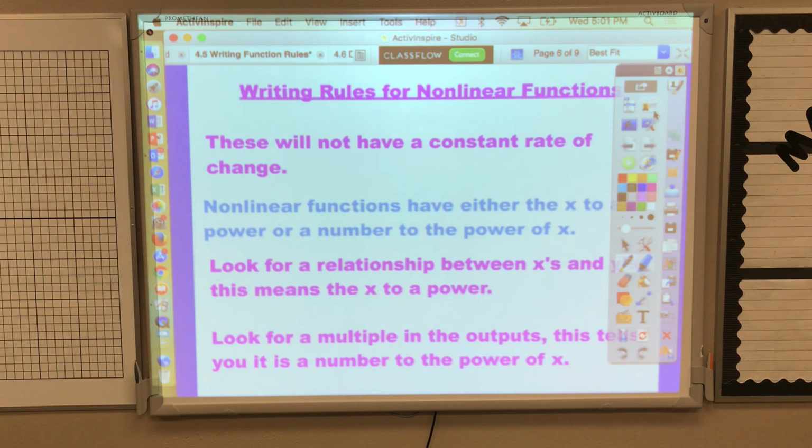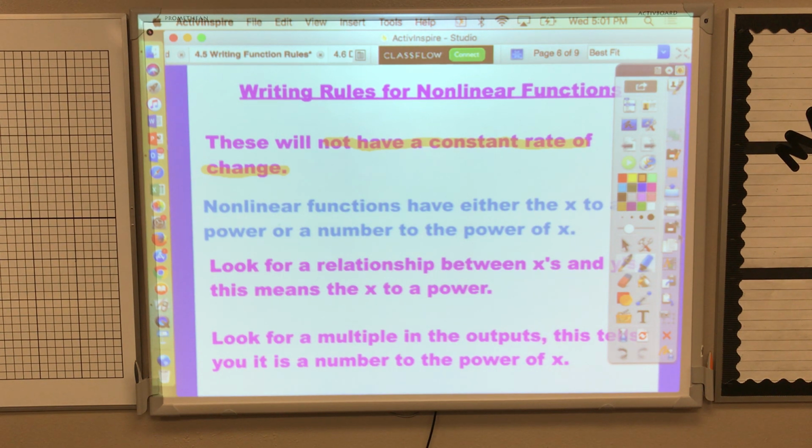Now writing rules for them is a little trickier. Okay, these do not have a constant rate of change, so that equation doesn't work. Okay, so we need to come up with two options. Your choices are either to have x to a power or a number being taken to the power of x.